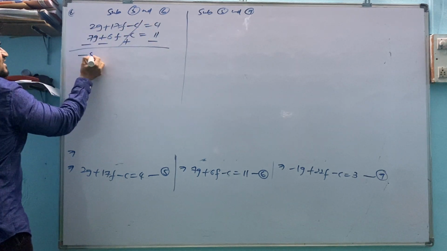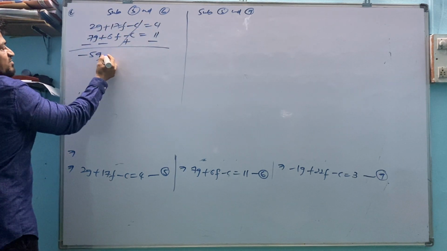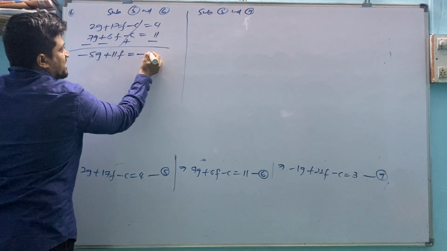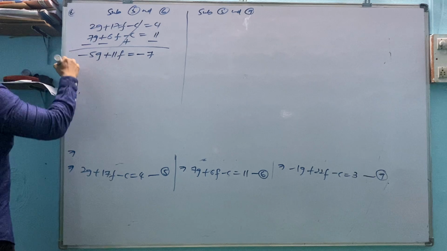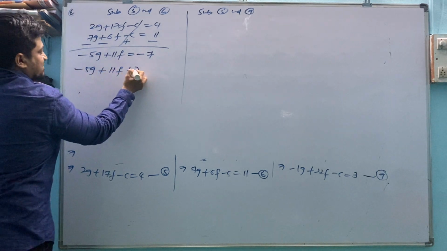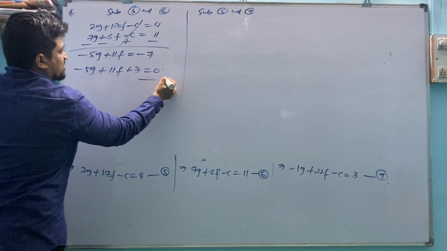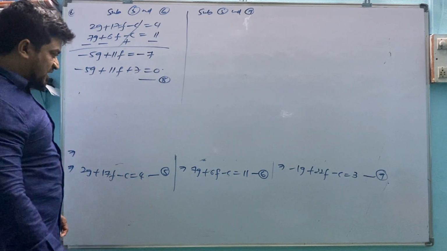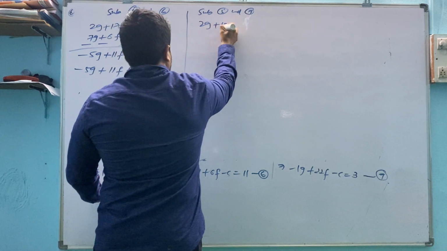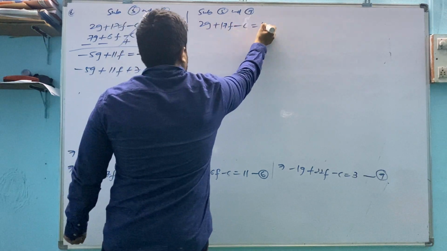2 minus 7 is minus 5. 17 minus 6 is 11. 4 minus 11 is minus 7. Take that 7 to left side. My 5g plus 11f plus 7 equals to 0, equation 8. Then 5 and 7. Fifth one, 2g plus 17f minus c is 4.